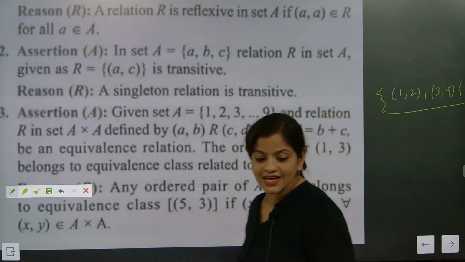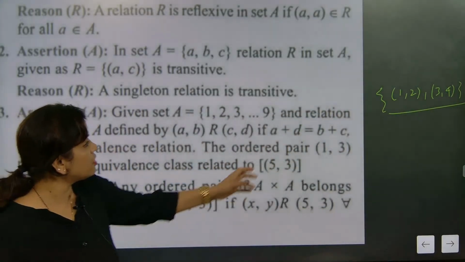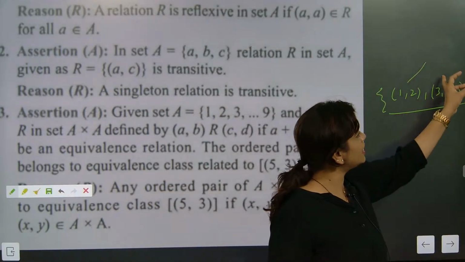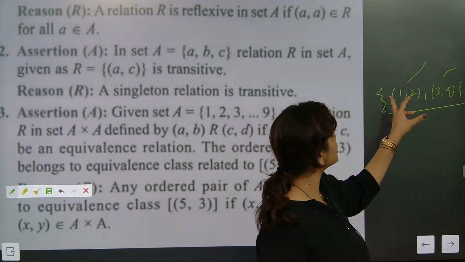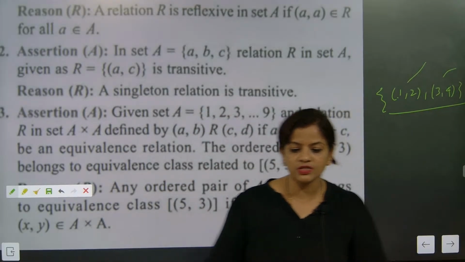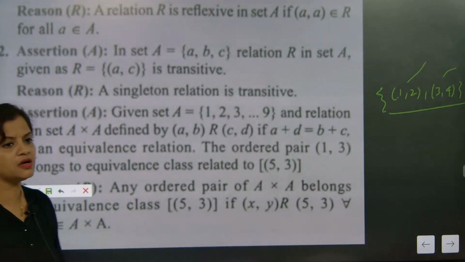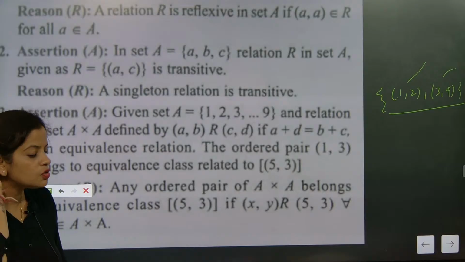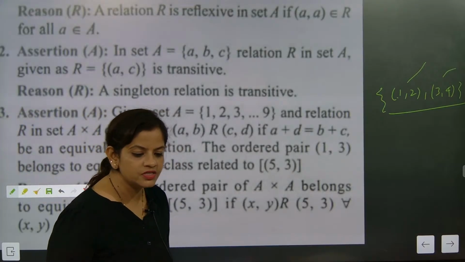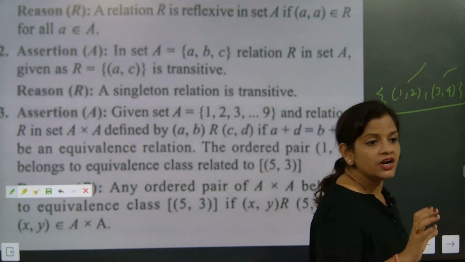Your answer should be yes, it is transitive. Because they are not singleton elements, but they are elements not connected to each other, so this becomes an isolated case. Understood or not? I have discussed this many times in class. So this is also transitive. Please take this as a transitive relation.